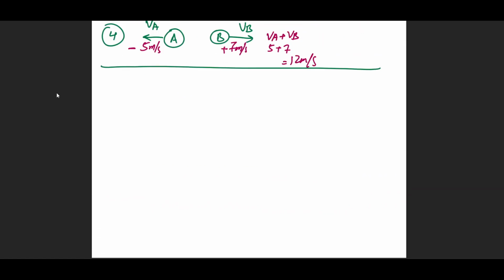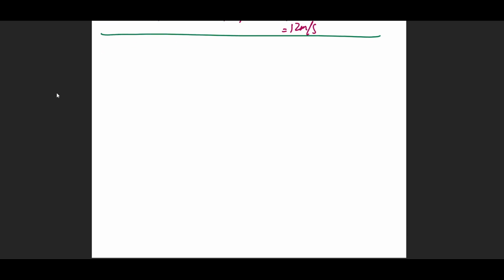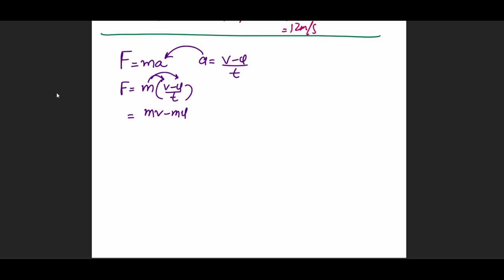Okay, so one proof that is generally a part of your course. It is understood that you already know this from O-levels or IGCSE, but I'm going to go through that again. So the formula is F equals MA, and from very basic kinematics, we know that the formula is (V minus U) divided by T. If you replace this into the equation, that becomes F equals M into (V minus U) divided by T. If you perform algebra and multiply M on both sides, this becomes (MV minus MU) divided by T, and this is F as it is.